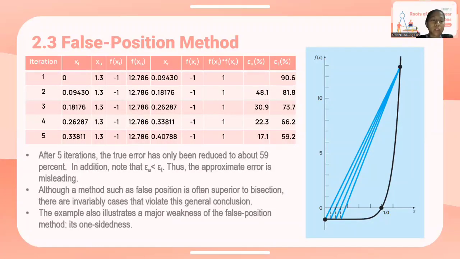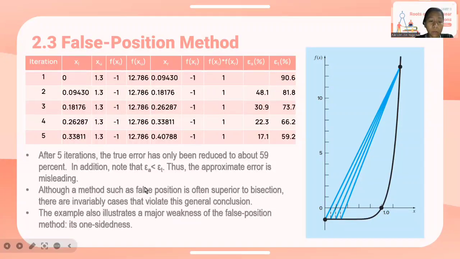After the 5 iterations, the true error has only been reduced to about 59% from 90.6%. In addition, note that the approximate error is less than the true error. Thus, the approximate error is misleading.